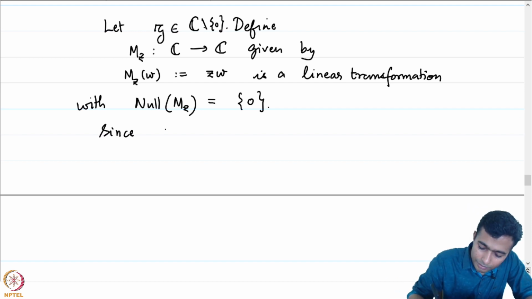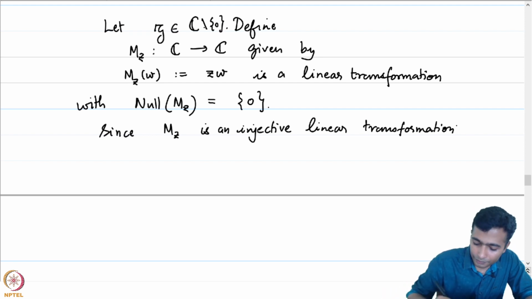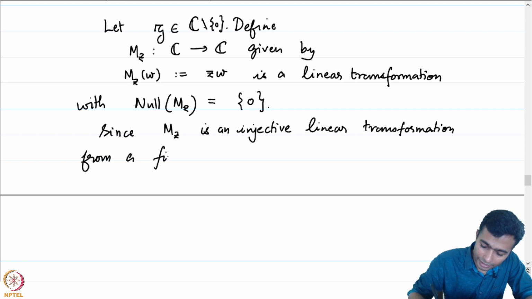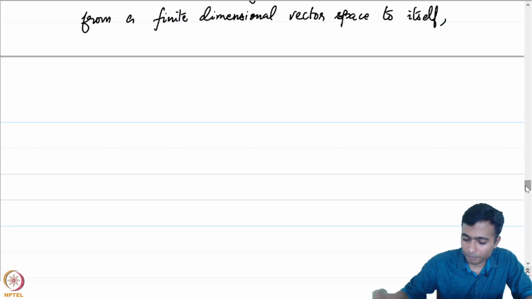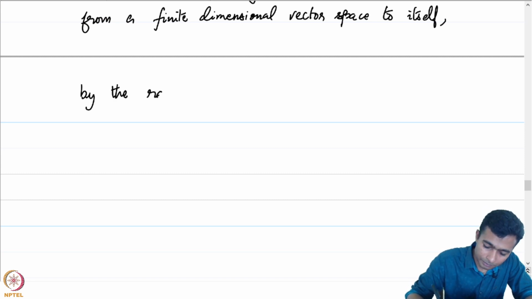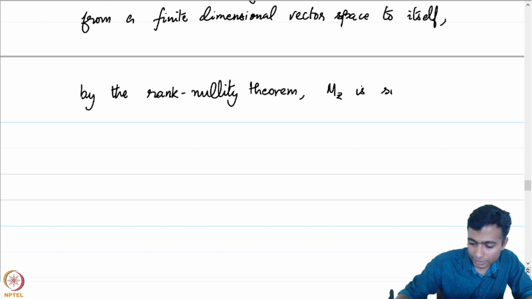So since MZ is an injective linear operator from a finite dimensional vector space to itself, by the rank nullity theorem, or the dimension theorem, if you prefer it that way, MZ is surjective.